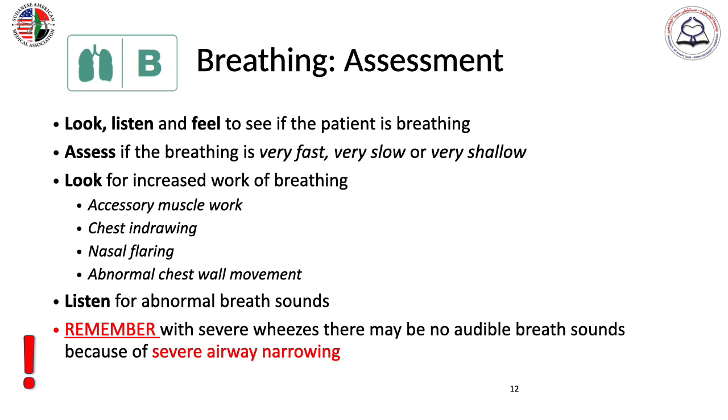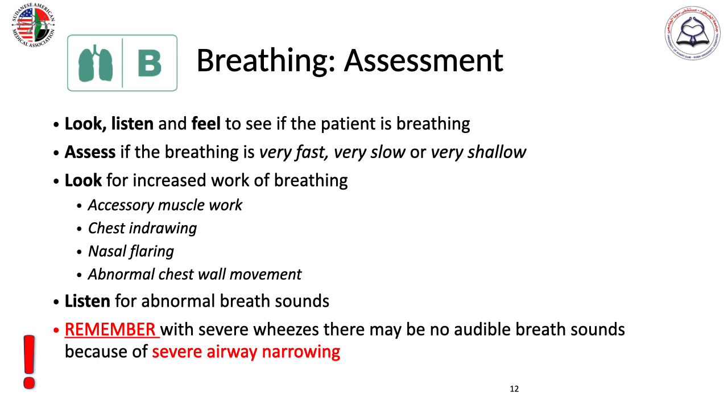After you assess the airway and manage the airway according to what you find, then you move to breathing. In assessment, you look, listen, and feel to see if your patient is breathing. Assess if his breathing is very fast, very slow, or very shallow.